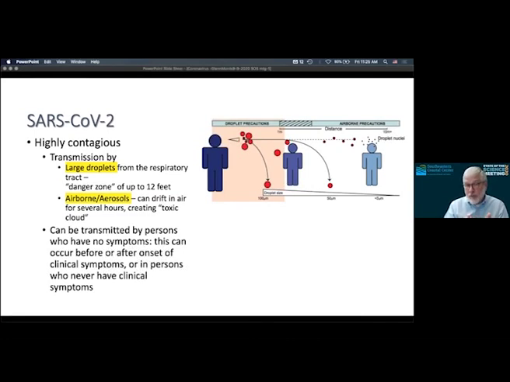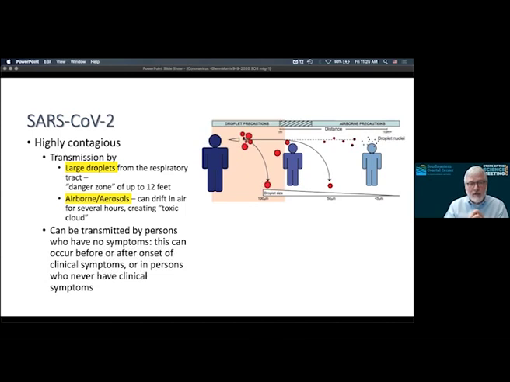Now, if they're large particles, they'll fall out of the air within a meter or two. And that's where we came up with the 6-foot rule. That basically within 6 feet, a lot of the large particles have fallen out. But it's not that you're safe at 5'9" but you're at risk at 6'3". It is a continuous variable.